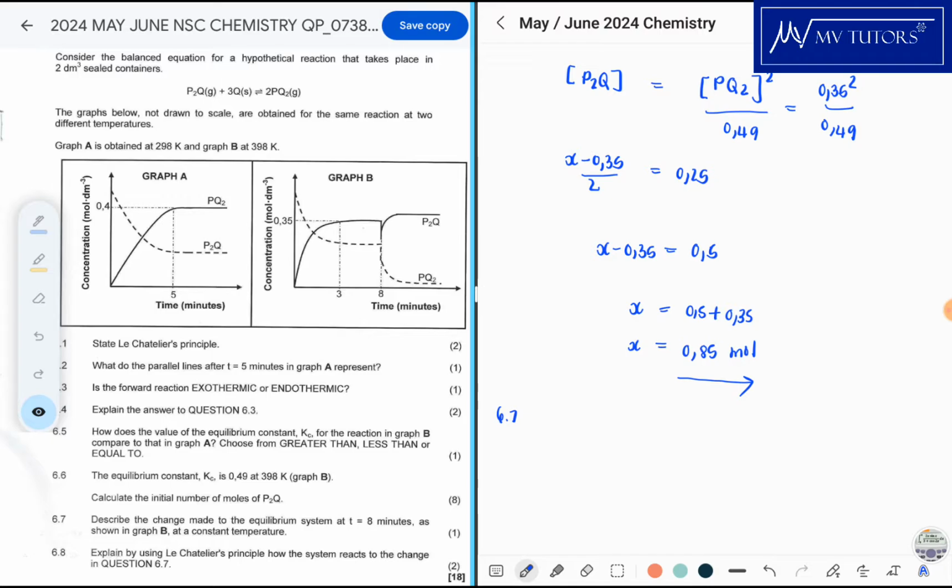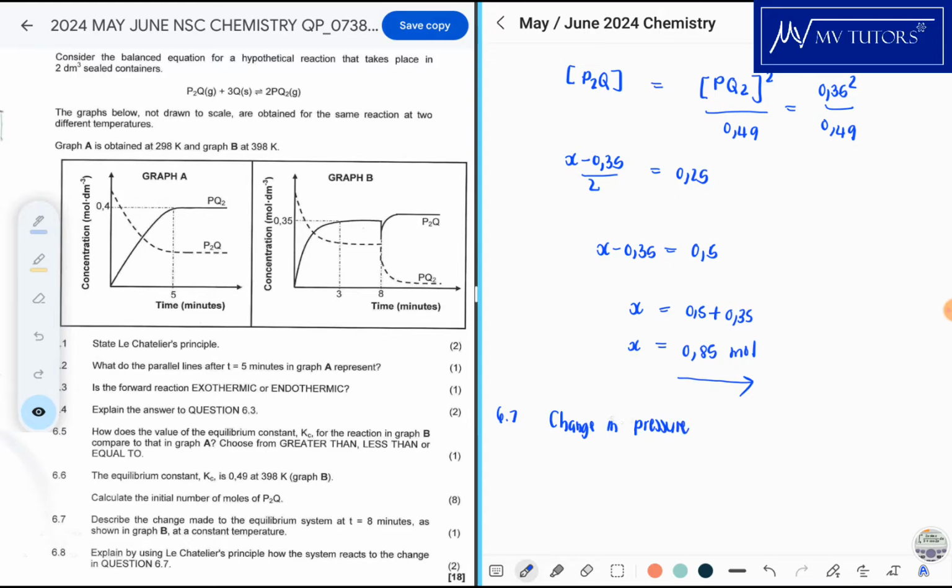If it was just the reactants, we would have just said it's a change in concentration. But now there's a drastic change for both the products as well as the reactants. So that tells us that if it's both of them, there's been a change in pressure.